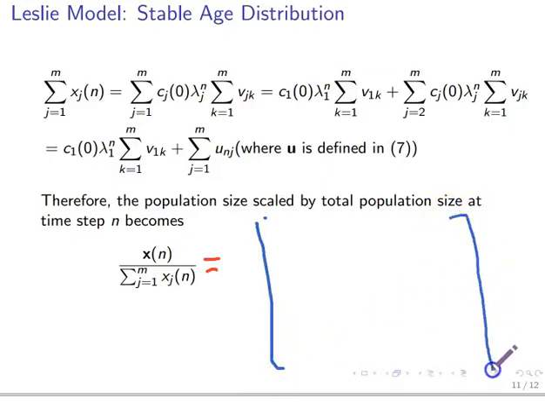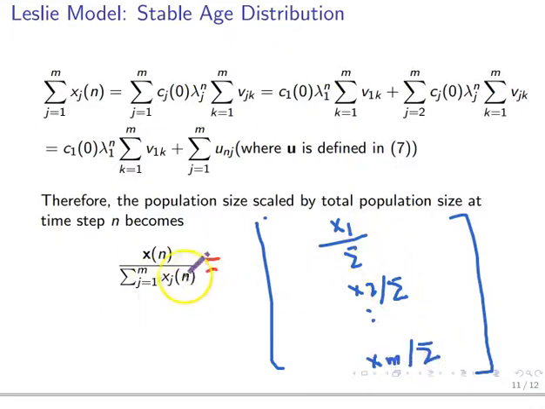So it would look like this: x1 over the sum, then x2 over the sum, and x3, and so on all the way through the very end, x sub m over the summation.